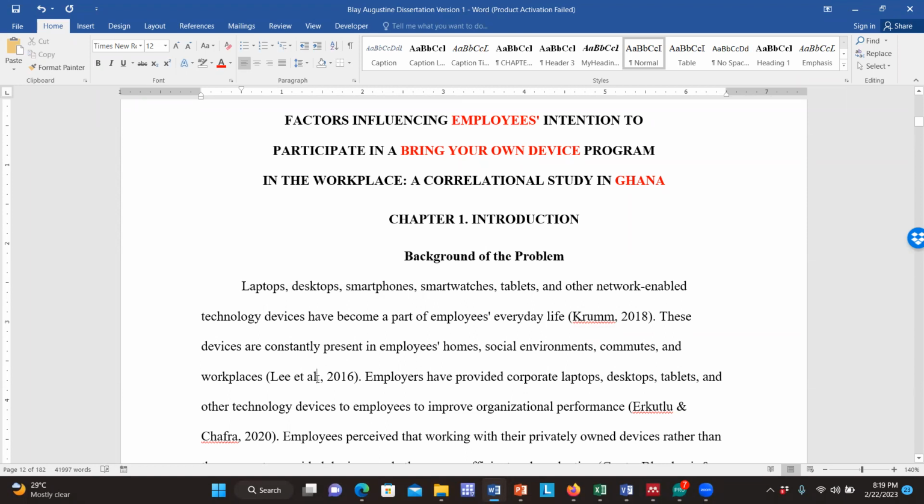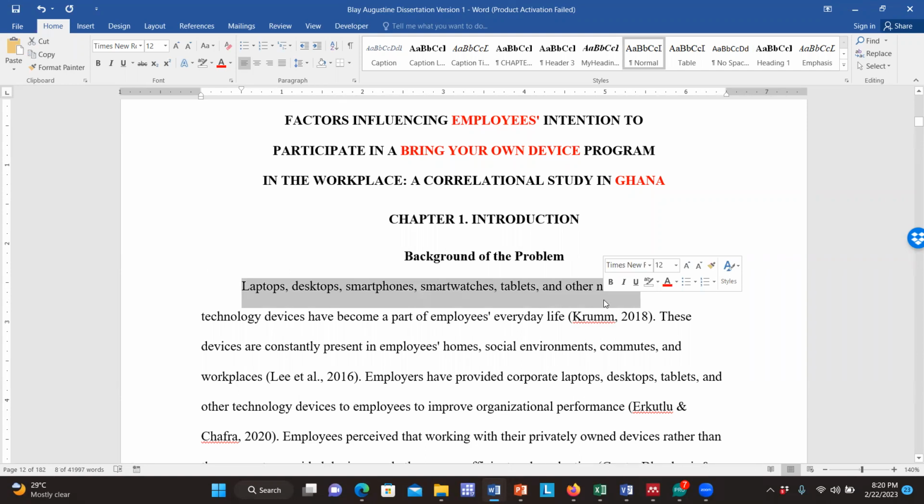Evidence. He's still talking about the device. Are you getting it? Now he moved to employers. He says employers have provided corporate laptops, desktops. Now, is the main idea still being discussed in this paragraph? Have you seen it?